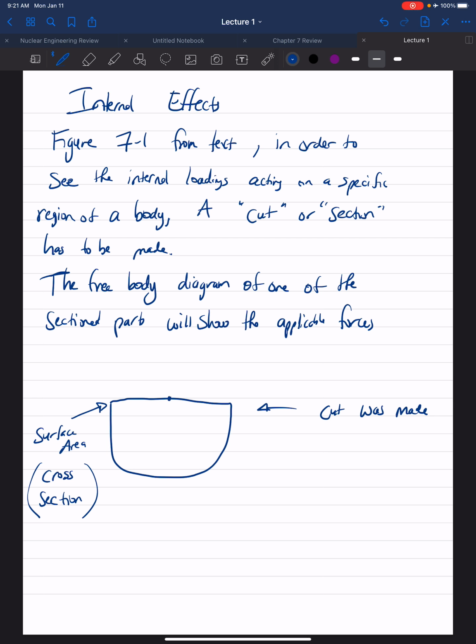At a point O, and O is typically taken at the centroid, so always assume the point O is at the centroid of the area, unless otherwise stated.